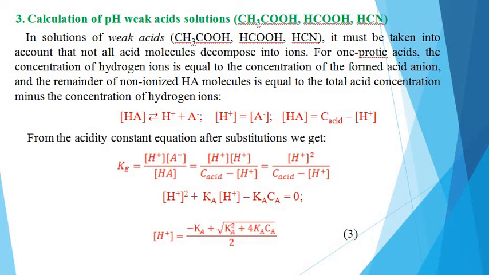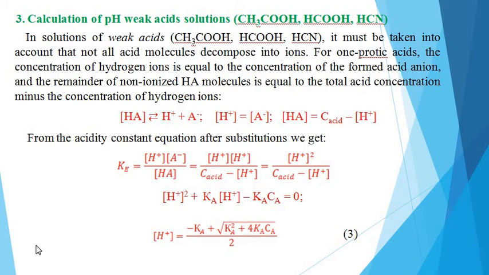The next calculation is the pH of weak acids, for example, acetic acid, formic acid, hydrogen cyanide. In this case, in solutions of weak acids, it must be taken into account that not all acid molecules decompose into ions.